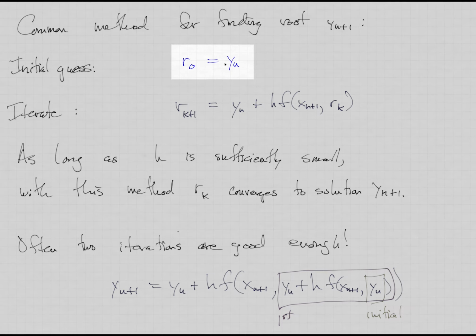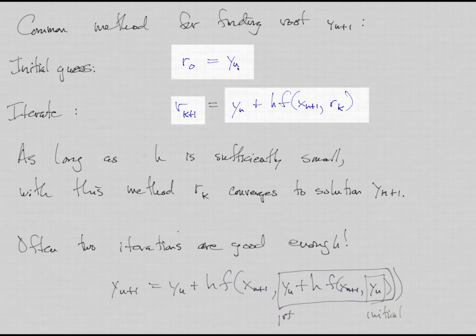We use an iterative method where our initial value for r is simply equal to the previous value of y sub n. Then we iterate, and the next value of r will be equal to the value we get by plugging the previous value of r into the formula.